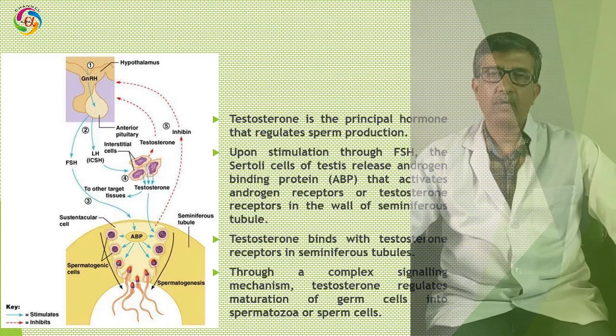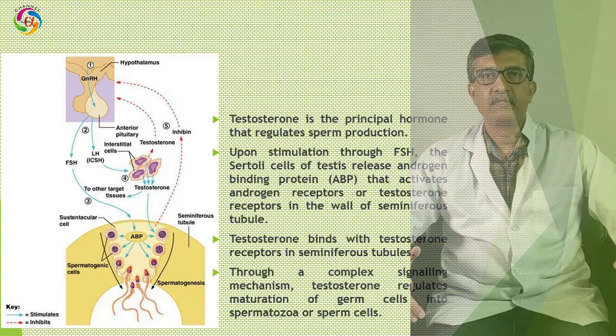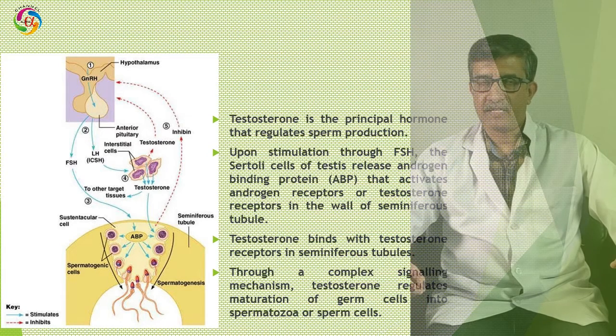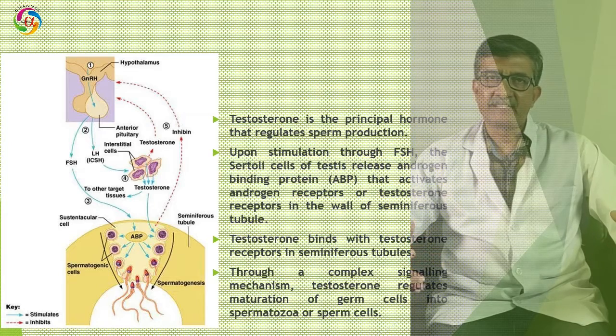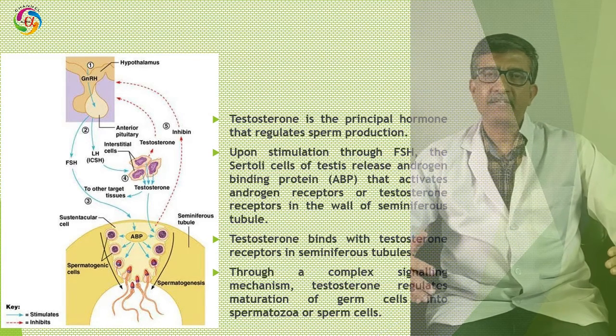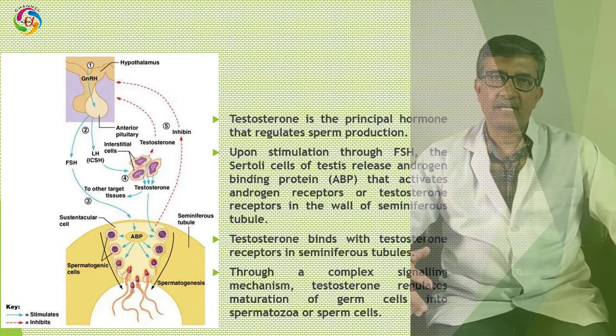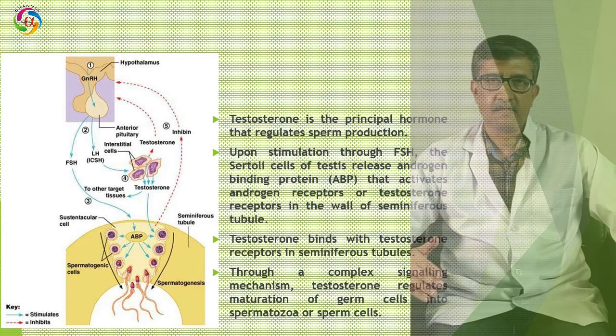After binding of testosterone with the testosterone receptors in the seminiferous tubules, there is a complex cascade of signaling mechanisms, and this ultimately produces sperm from germ cells.